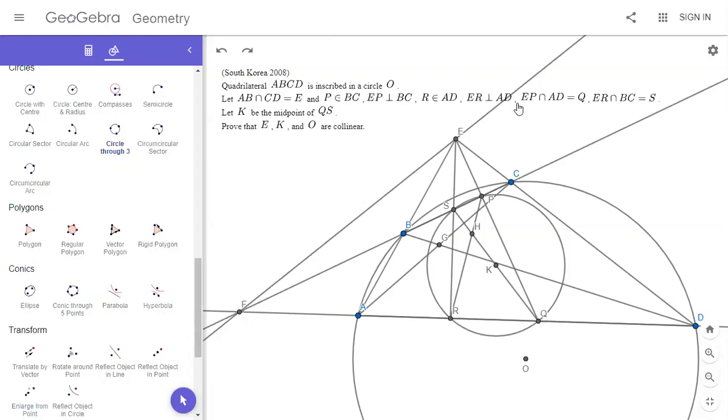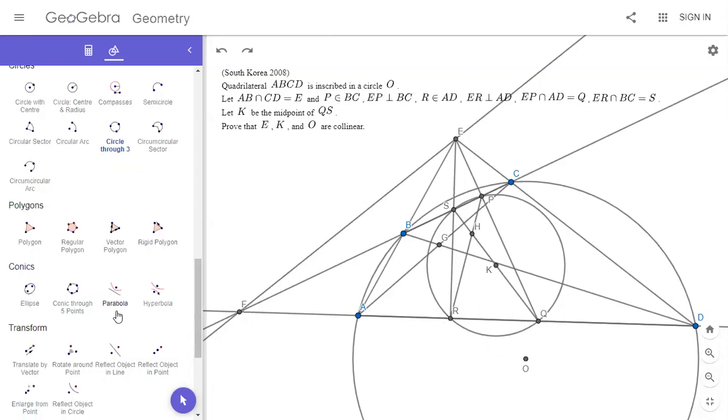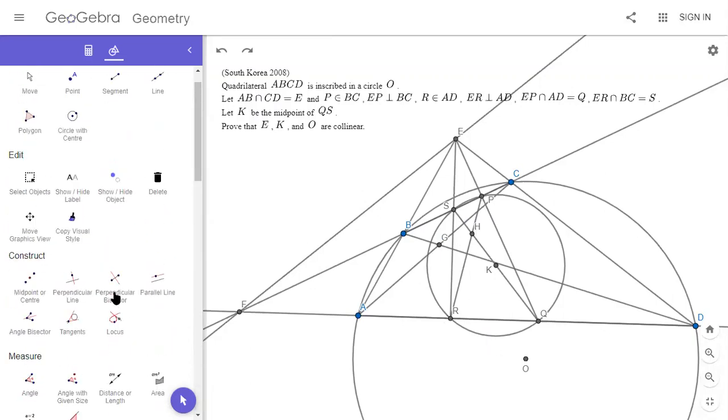So one idea I have, if we drop the perpendiculars from G to BC and AD, and then we do the same for point H, and we show that those are in the same ratio, that would solve it. I think that could help.